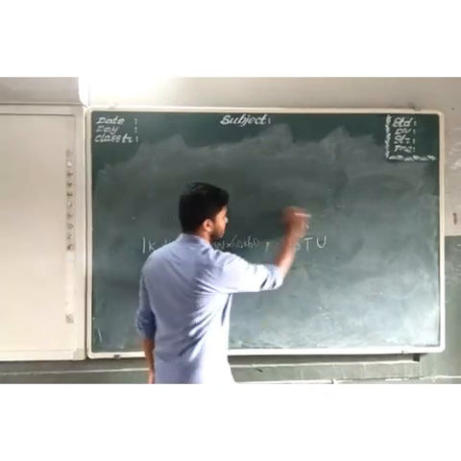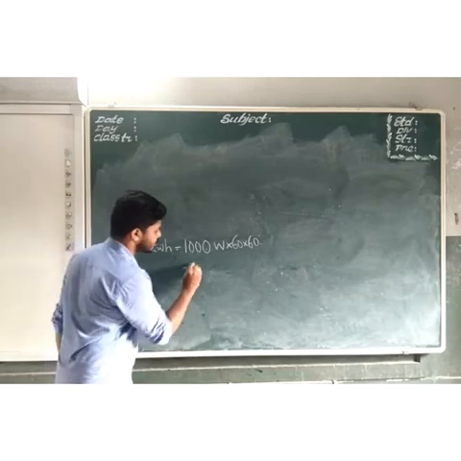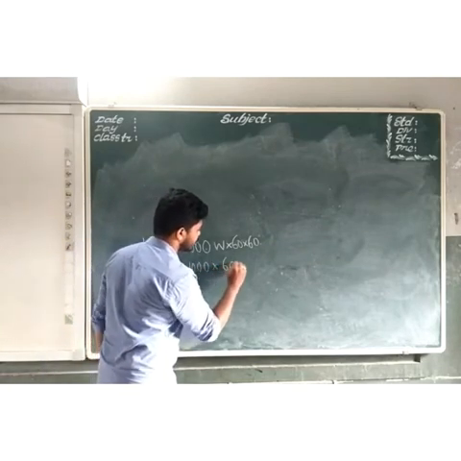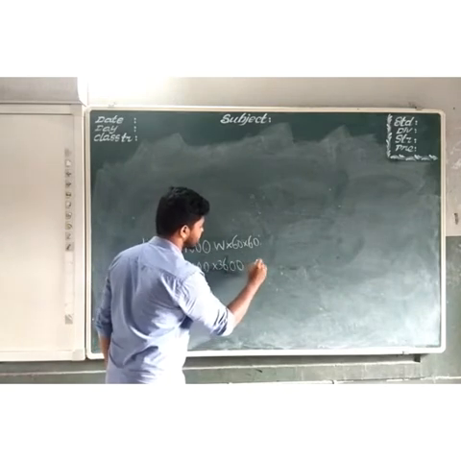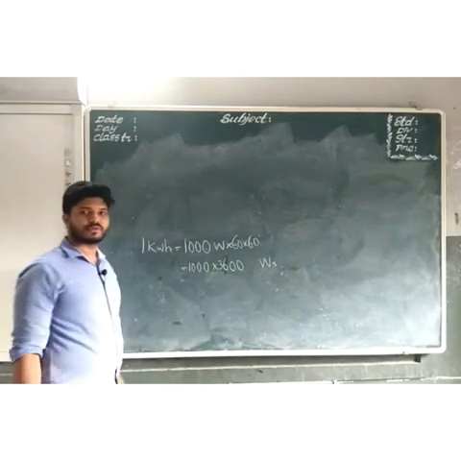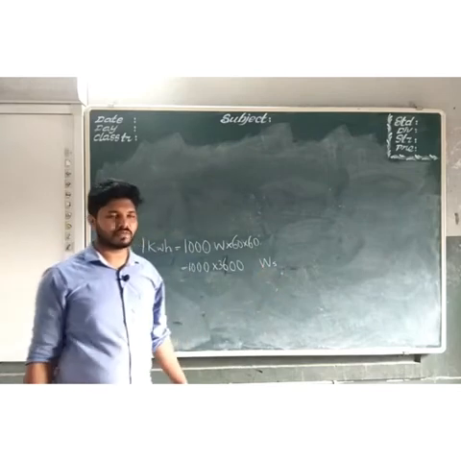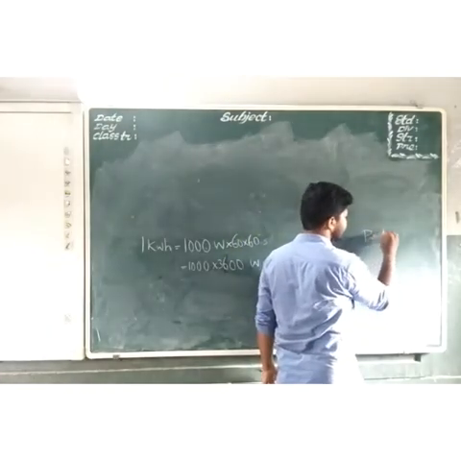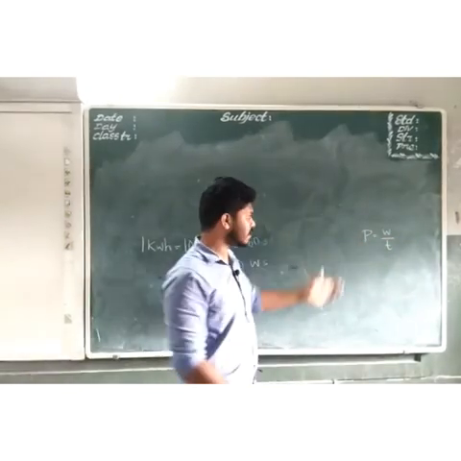So 1000 into 60 into 60 is 3600000 watt second, where the unit of time is second. Well, we have the equation for power is equal to W by T.